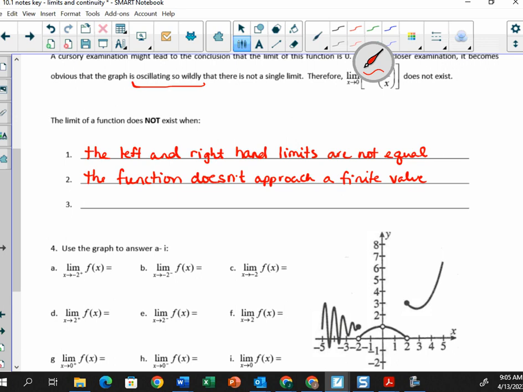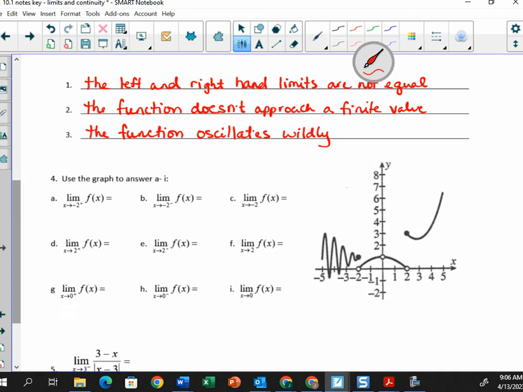Because infinity is not a finite value. And the third one, the function oscillates wildly. Where have you been, Maddie? Clearly not here. It's oscillating so much. So wild.